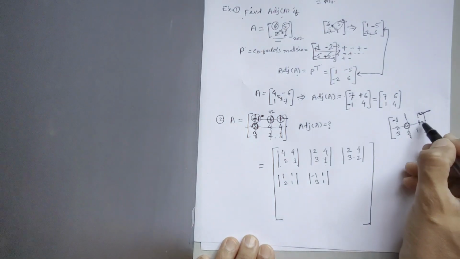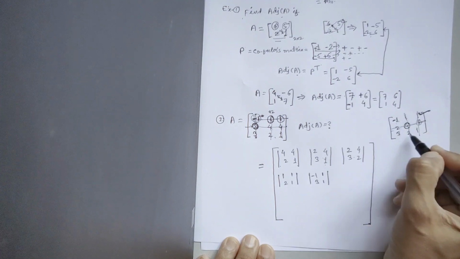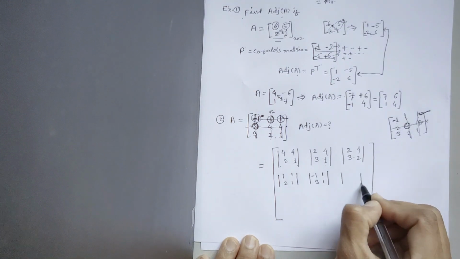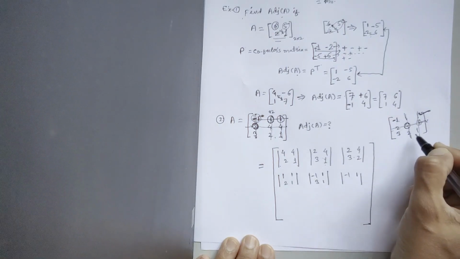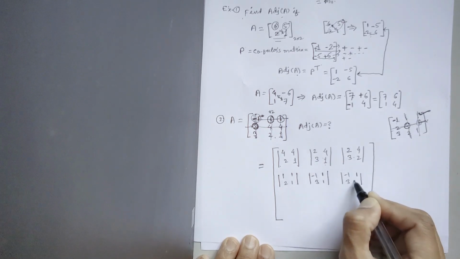Right? Now for this element, eliminate this row and this column, and write down the determinant of the remaining: minus 1, 1, 3, 2.